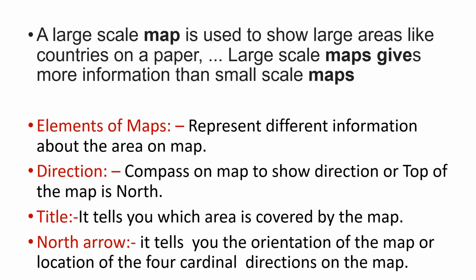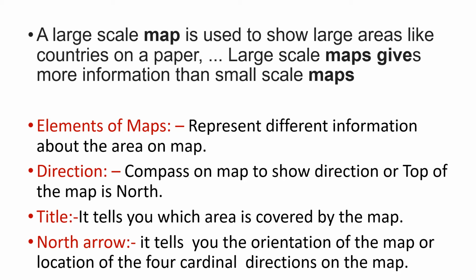First, let us listen to the elements of maps before going to the types of maps. Elements of maps represent different information about the area on the map. Direction. A compass on the map shows direction, or the top of the map is north. Title.